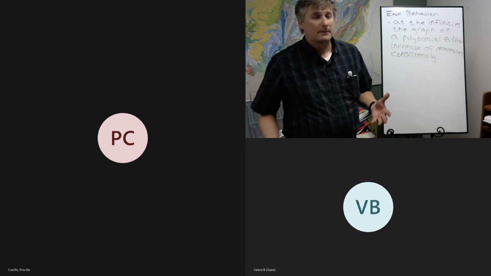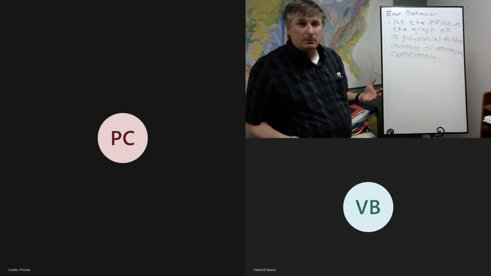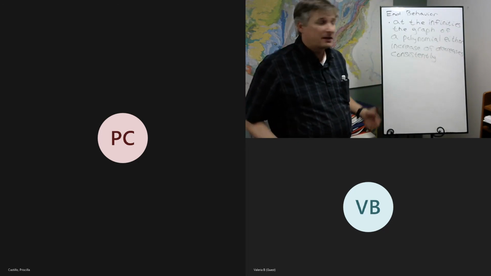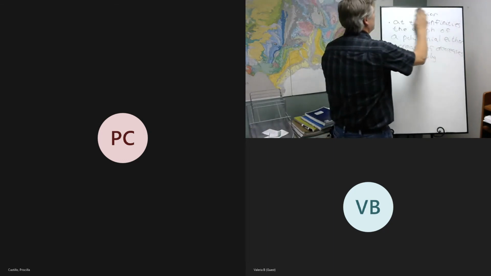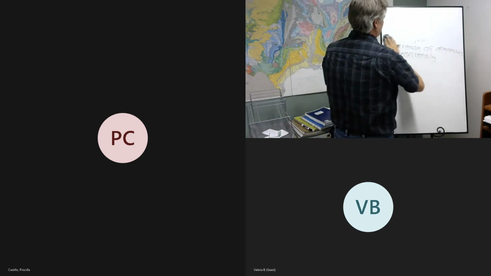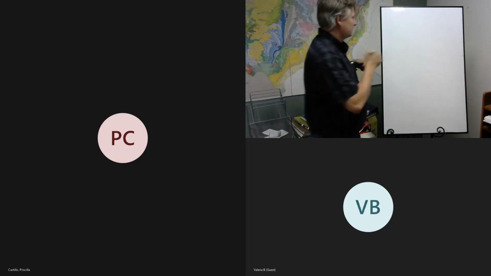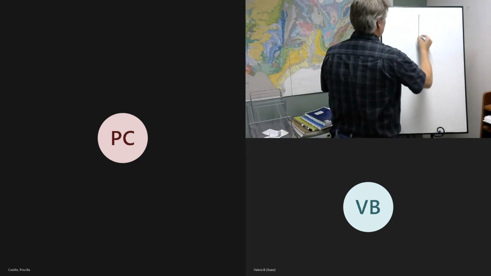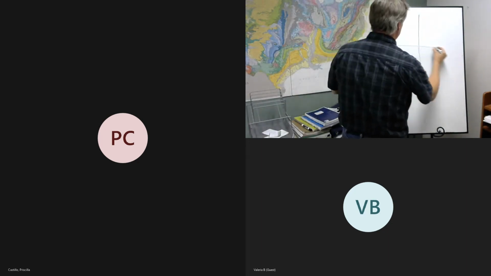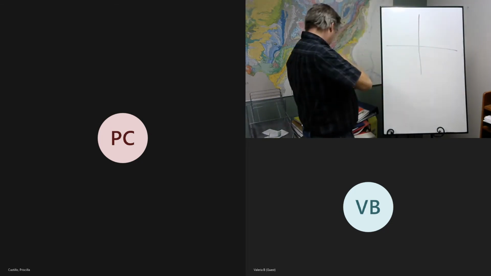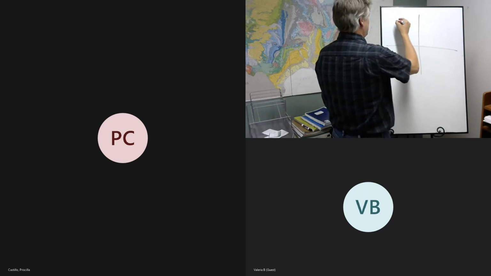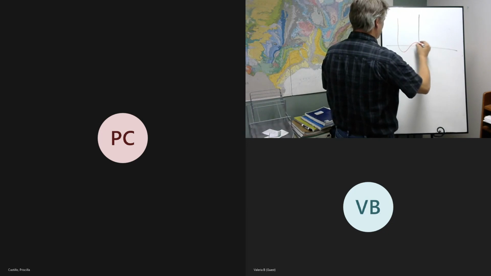So what would this look like? Well, for example, we could graph a polynomial on a graphing calculator. Let's see, we might get something like this.